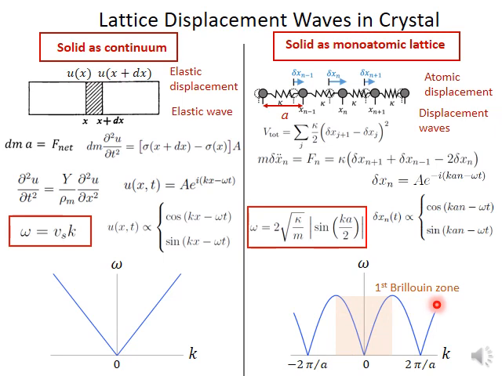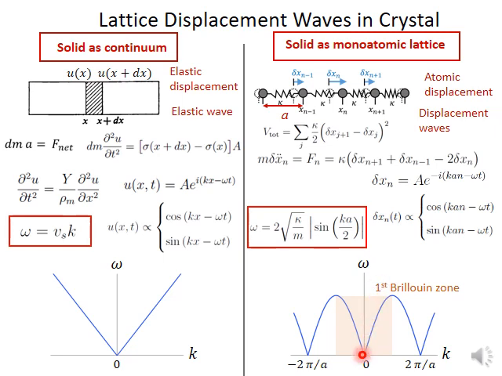As you go to the next region, the same solution basically repeats itself. So it's important to define a region in K-space which has a unique solution, because then you know that the rest of the regions in K-space would be simply a repetition of these unique values of dispersion.